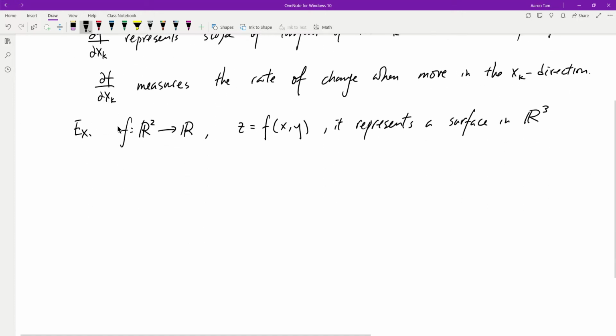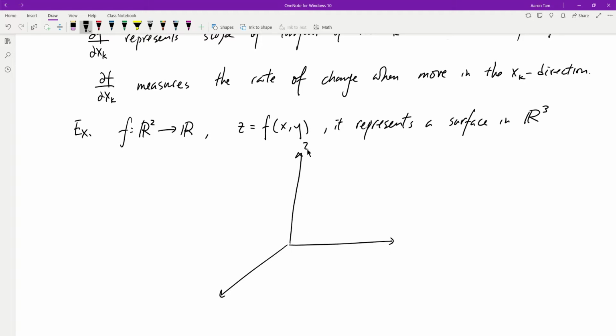So let me show you how this works. Imagine this is how the surface looks. Once again, this surface will probably be infinitely large, so I won't be able to show you what it looks like if I don't draw some kind of boundary.